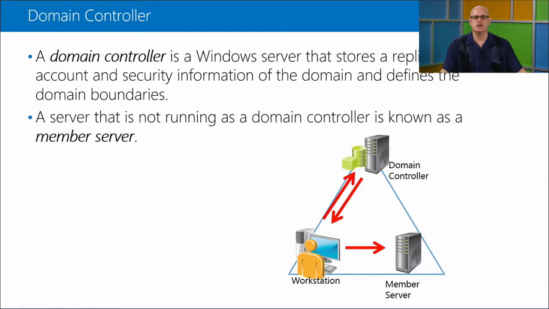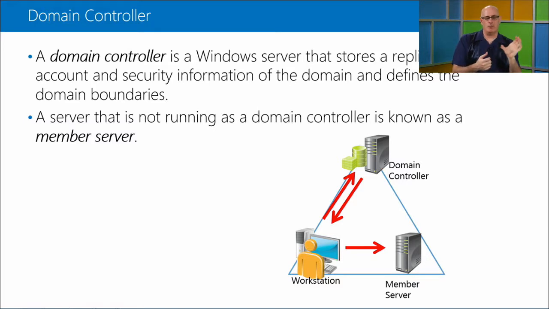Domain controller. A domain controller is a Windows server that basically manages Active Directory Domain Services. It replicates account and security information to other domain controllers on the system. Remember, availability and integrity. So multiple domain controllers enable availability.